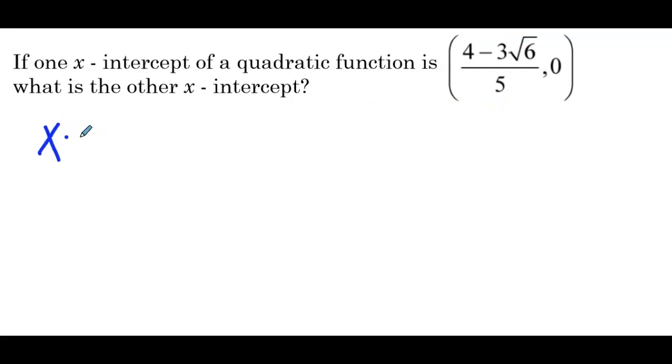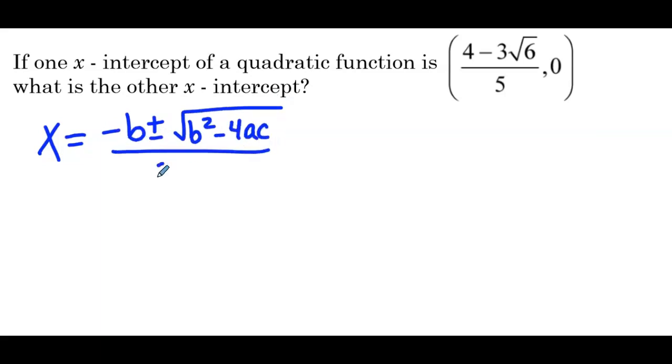So if we recall, the quadratic formula is x equals negative b plus or minus the square root of b squared minus 4ac all over 2a. We've been using that throughout this video. The solution they gave us was negative b minus the square root of the discriminant over 2a.